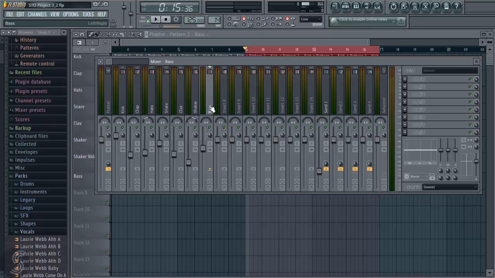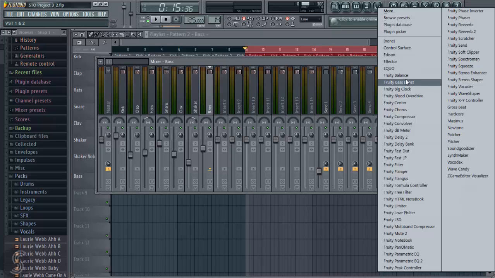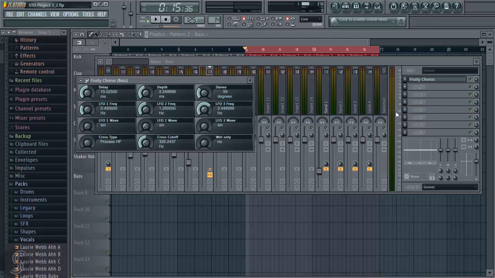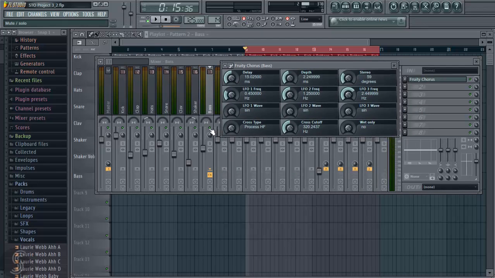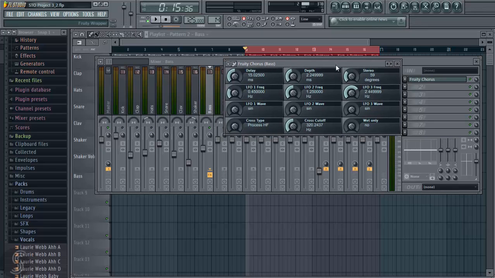What I'll do is we'll go to our bass and let's insert a chorus on our bass. So we've got the fruity chorus, and let's solo up our bass. So I'm going to right click on the bass, get our chorus back here, and press play. So we can hear straight away there that it's having a big chorus effect on the sound.